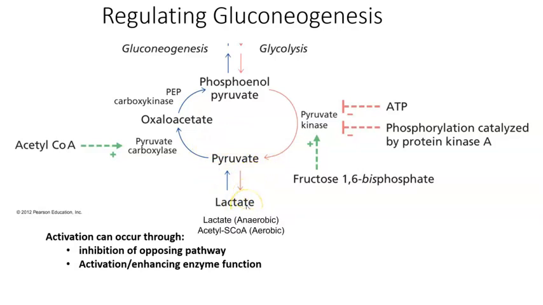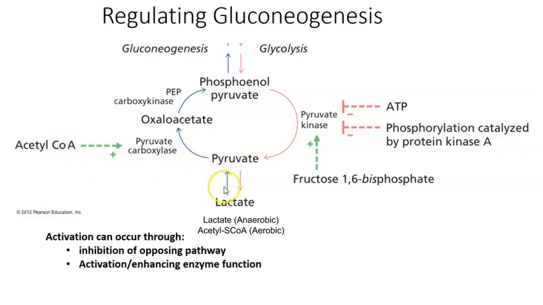Now, you can see here that if we have pyruvate, we're going back up to oxaloacetate and making phosphoenolpyruvate. Acetyl-CoA is actually an allosteric activator of pyruvate carboxylase. This kind of makes sense if you think about it.